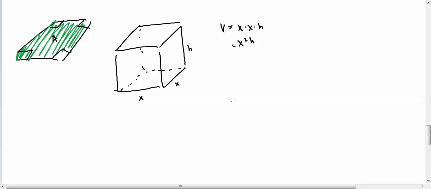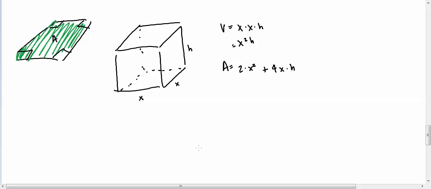And the surface area is, I've got two of these bottom panels, so that is 2 times x squared. And then I have 4 of these side panels, where the area of each is x times h. Since there are 4 of them, plus 4 times x times h.